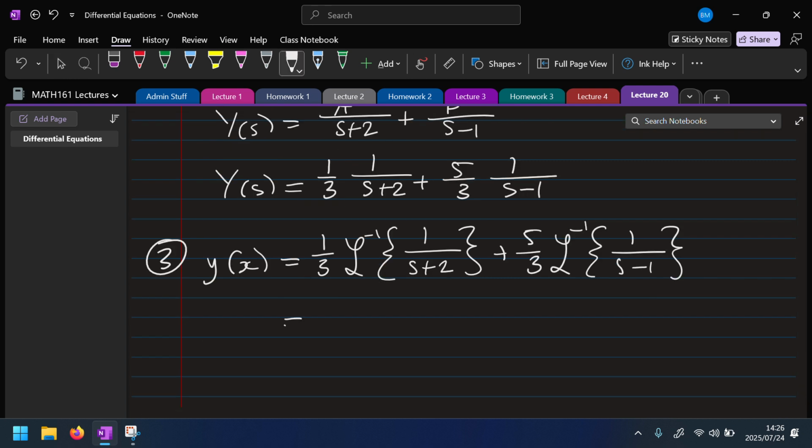So this is going to be 1/3 e to the minus 2x. Okay, and I'll make a note here. This was a equals minus 2, plus 5/3. And then this one was a equals 1. So that will be 5/3 e to the x. Okay, and that's our solution.